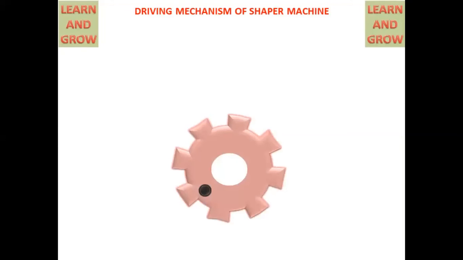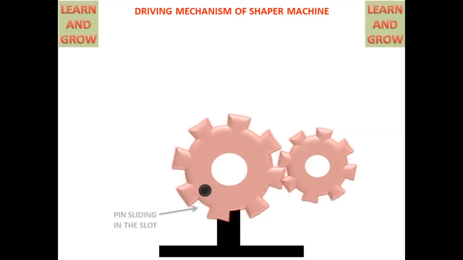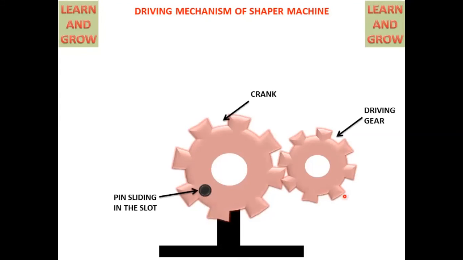Here is the mechanism of the shaper. There are two types of spur gear. One is the crank gear, another is the driving gear. A pin sliding in the slot provides the locking of the crank to the crank gear.